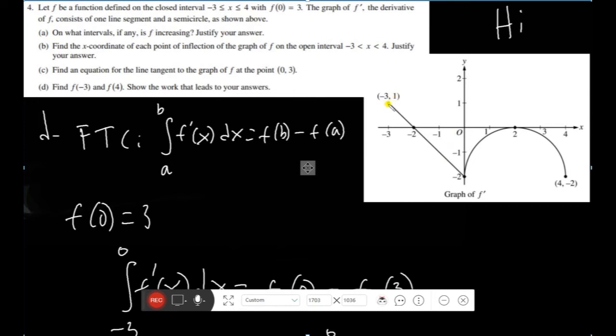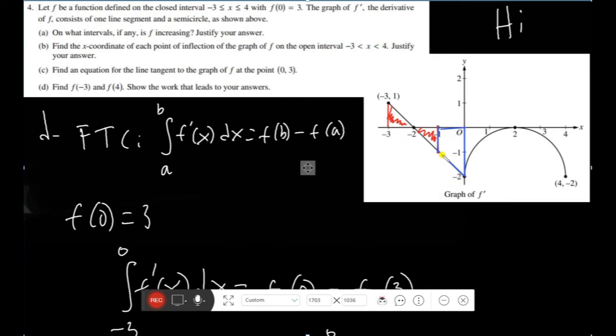Something I noticed right away is that this triangle and this small triangle here cancel out. So I'm just going to ignore those two and focus on this leftover region in blue here. If I just find the area of the blue region, that's going to be the same thing.